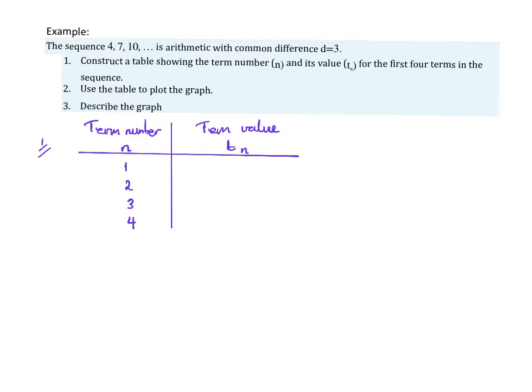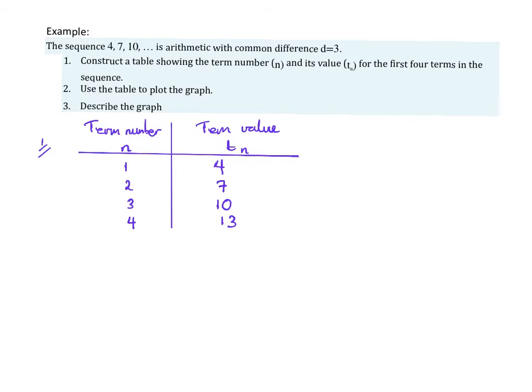Well, we've got the first 3, haven't we? When n is 1, T1 is 4. When n is 2, T2 is 7. When n is 3, T3 would be equal to 10. And because we know we're going up by 3s, when n is 4, T4 is 13. That is our table.